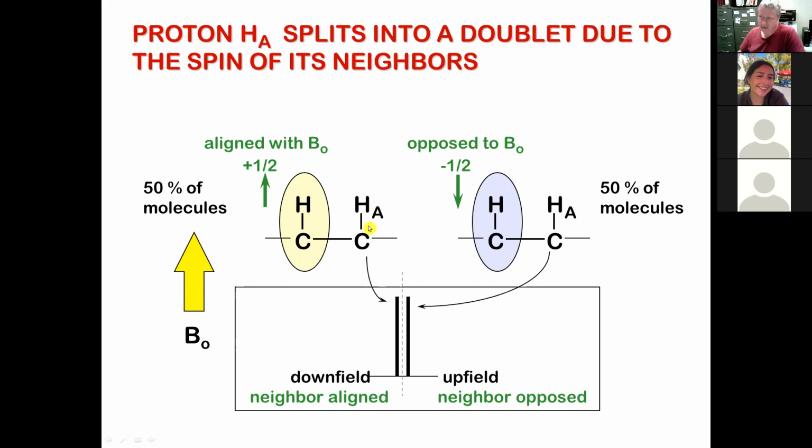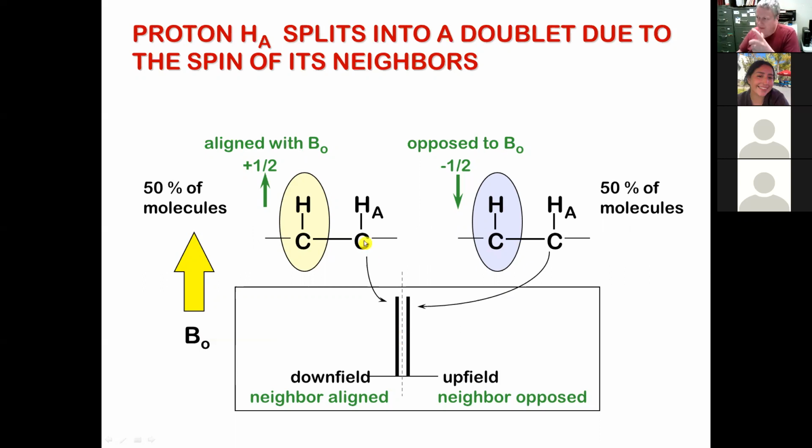Okay, so what happens is this. HA has a neighbor, and that neighbor can either be aligned with a magnetic field or disaligned with a magnetic field. And what that does is it splits HA into the aligned and the disaligned, which creates a very tiny shielding and deshielding effect.